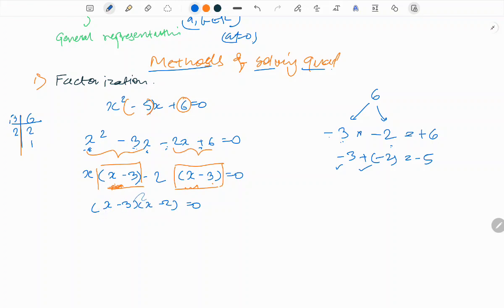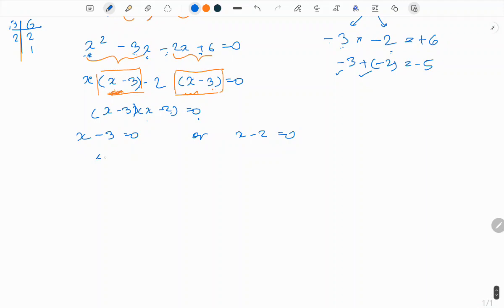What remains inside is x minus 3 into x minus 2 is 0. For a product of two numbers to be equal to 0, either one of the two must be equal to 0. So x minus 3 equal to 0 or x minus 2 equal to 0. So x is equal to 3 or x is equal to 2.